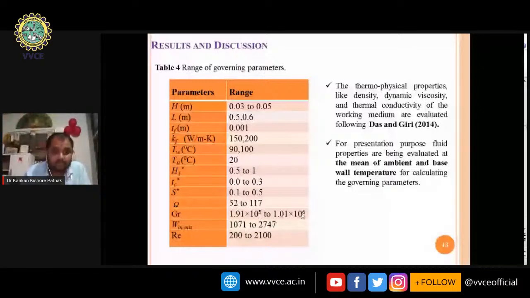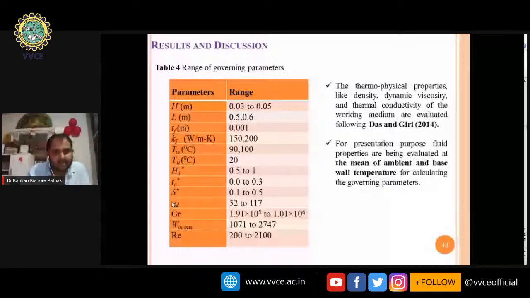This Grashof number is based on the height, because the height is what we are considering as the characteristic dimension in order to non-dimensionalize the parameters. Because this S star is 0.1 to 0.5 we are selecting, S star equals S by H, that is, S equals S star into H. So to non-dimensionalize the parameters, we are considering the height as the characteristic dimension.